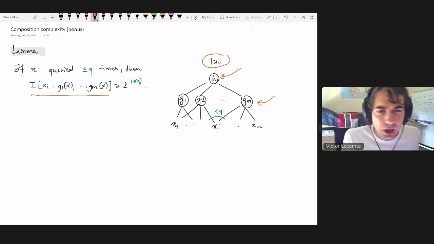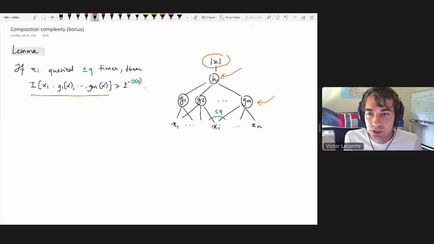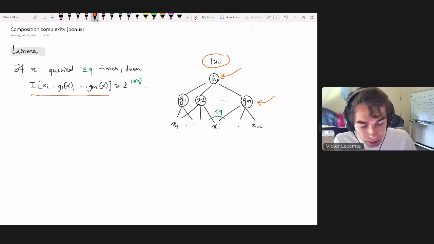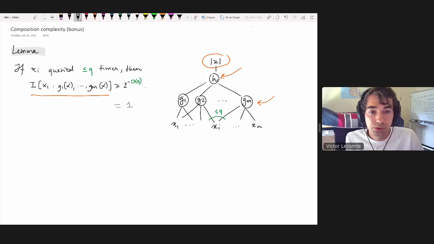Okay, so how did we go about it for the baby version of the lemma where Q equals 1? There we actually proved that the mutual information was equal to 1, or equivalently that if you knew all of the subfunctions g1 through gm, you could deduce xi exactly with 100% certainty.